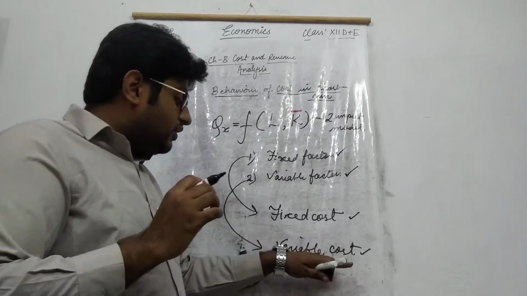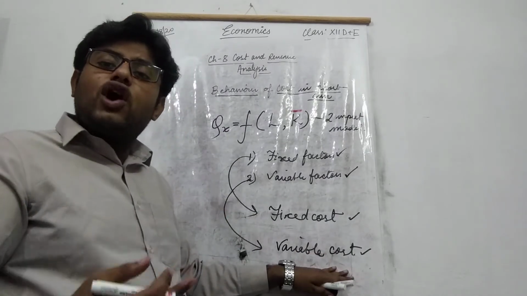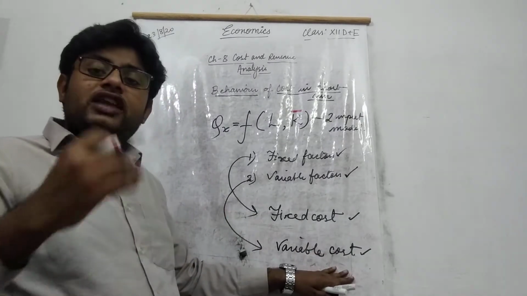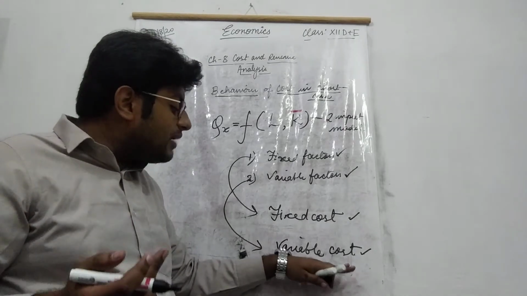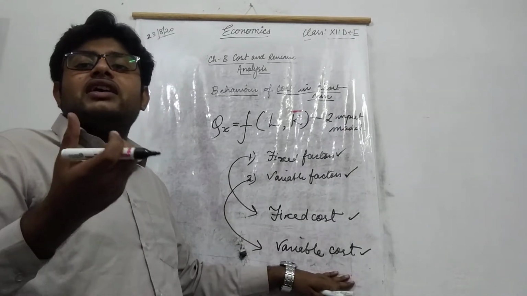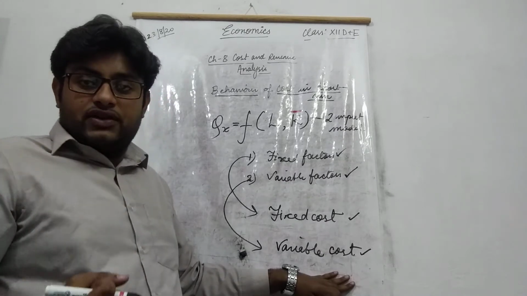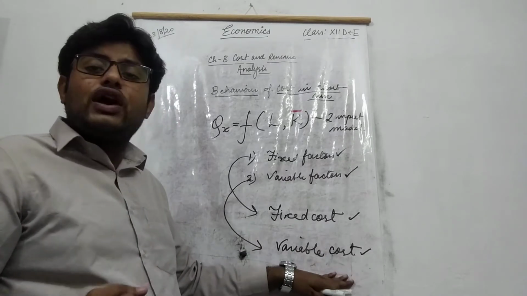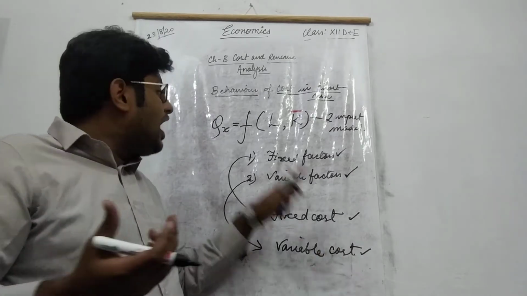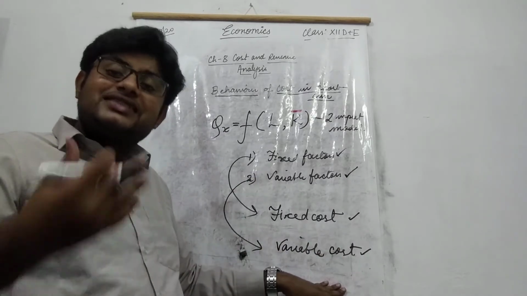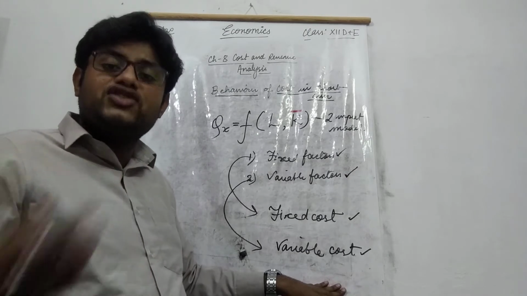Okay, since in the course of production, we all know that in the short run, only variable factors can be increased. Alright, so only the variable factor will affect the output in the short run, because it is the only factor that we can change.